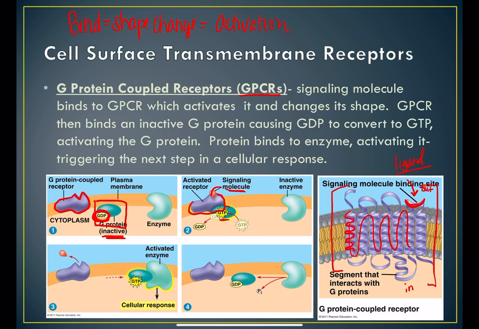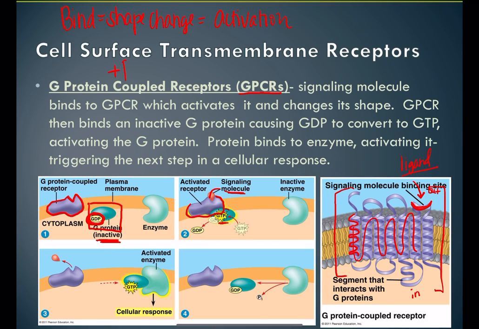Remember, ATP is our cellular energy. If we break ATP down into ADP, we lose a phosphate, and it releases energy. When we add a phosphate to something in the process of cell communication and signal transduction pathways, I want you to know that it is generally going to activate the molecule.